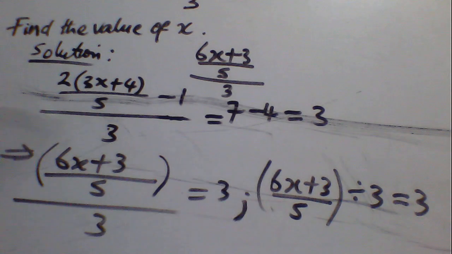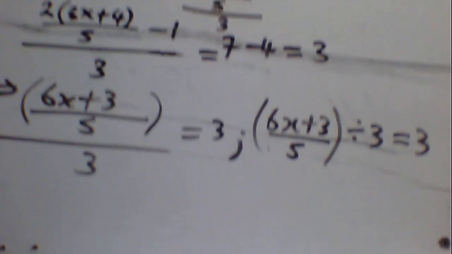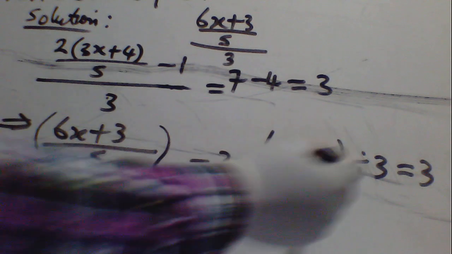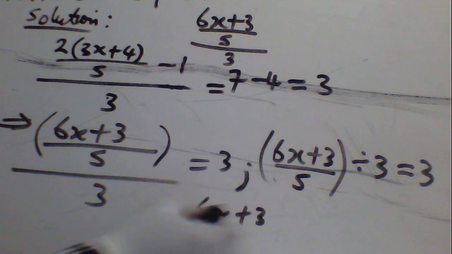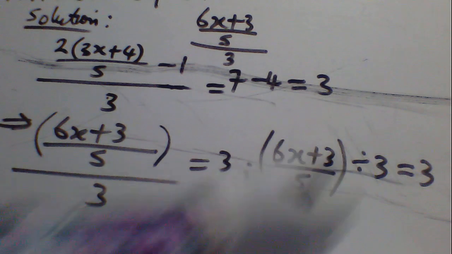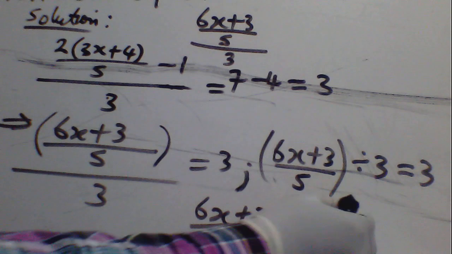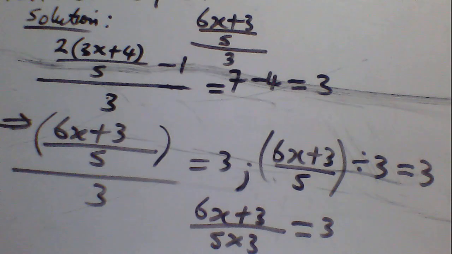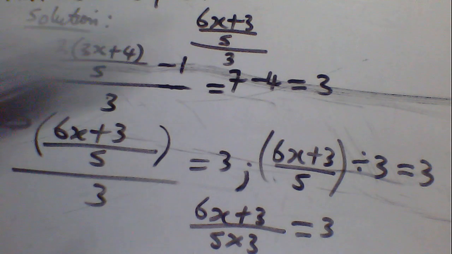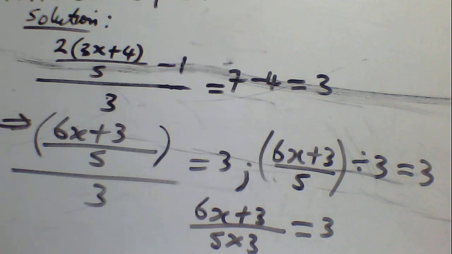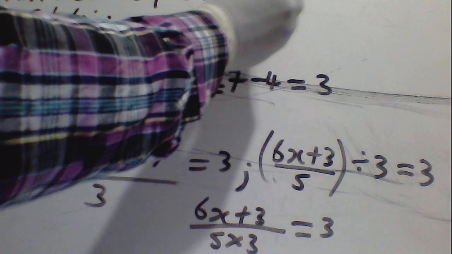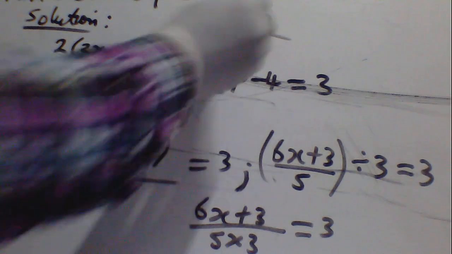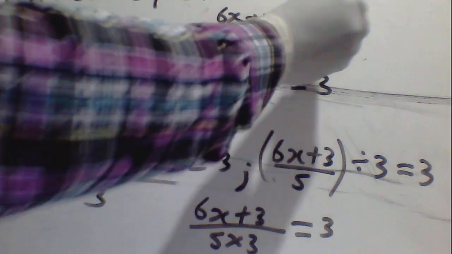So let's solve it. Here is the same as (6x + 3) over 5 times 3 is equal to 3. So this value here is the same as 6x + 3 over 5 times 3, which will give us 15, is equal to 3.